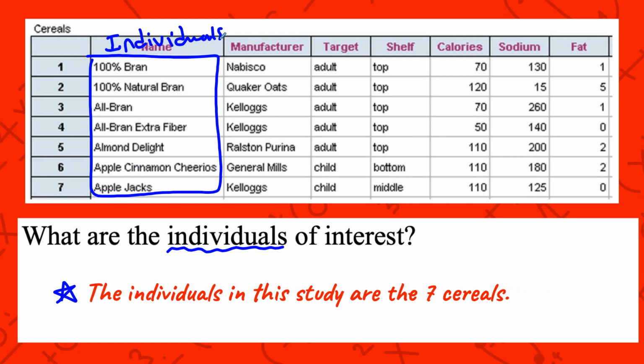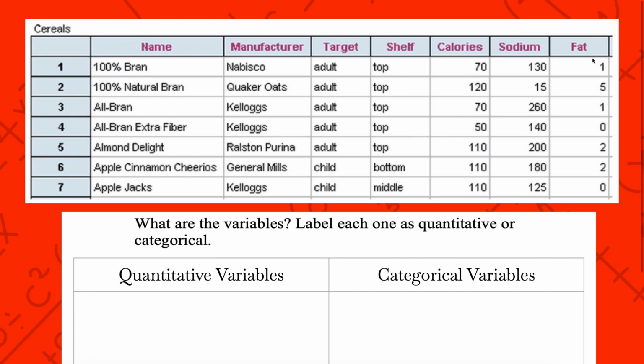That means the rest of these things are going to be considered variables. These are the things that we are asking about them. So we're looking at who manufactured it, who's the target, where on the shelf in the grocery store do you find it, calories, sodium, fat. So we're going to go through each one of those. Those are all variables. So it says, what are the variables?